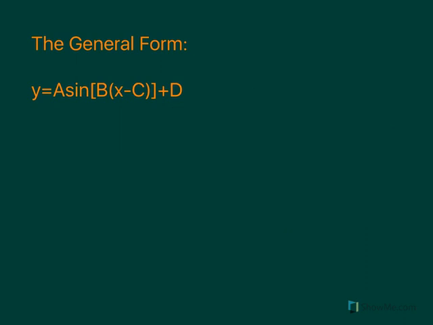And the next value we're going to talk about is the C value. And this is going to be the horizontal shift, and it's a little opposite of what you would think. It's always x minus c.